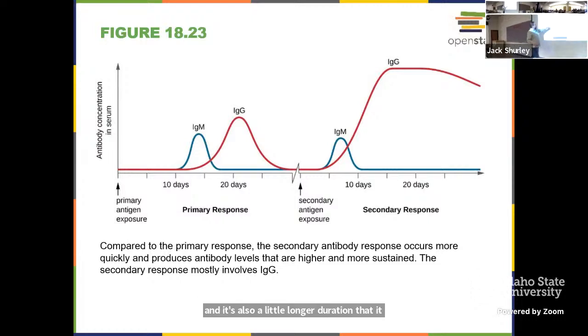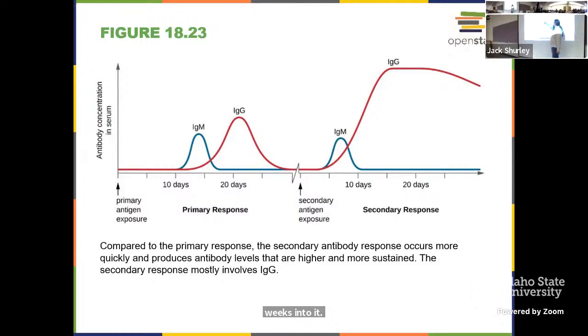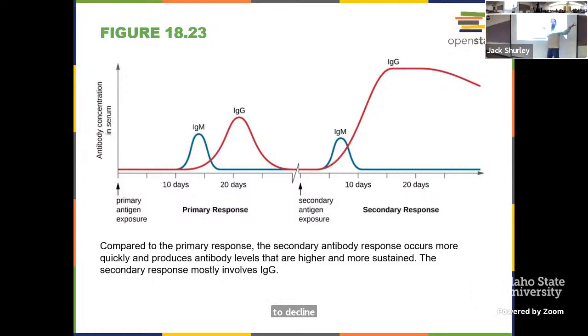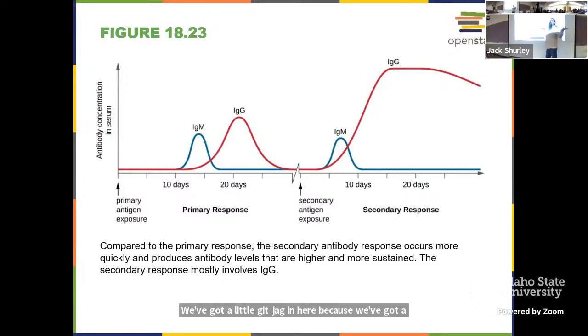And again, this is the primary response. So our first exposure takes a little bit of time, maybe 2 weeks, to start seeing our first hint of a response. At about 3 weeks into it, we've got a pretty good IgG response, and then it starts to decline. We've got a little jig-jag in here because we've got a potential for a period of time that you hope goes before your next exposure.